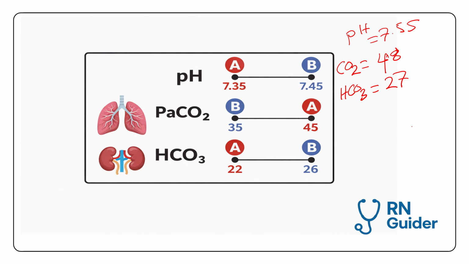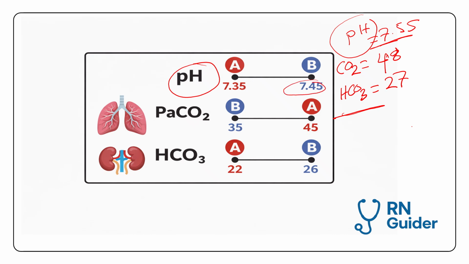Now you interpret this example. So according to the formula, we have to look at the pH first. The pH value we got is 7.55, it's over the normal value.